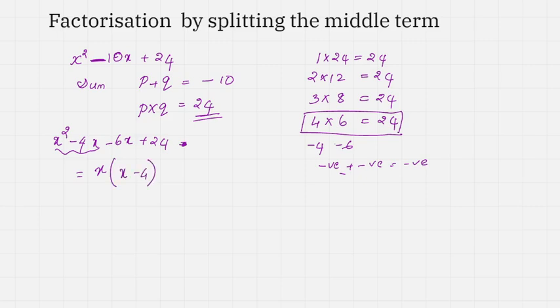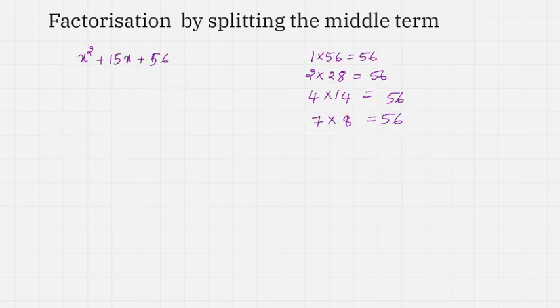In the third and fourth terms, I'll take minus 6 as the common factor. So we'll have x minus 4 inside the bracket. So again I'll take x minus 4 as common factor, and I'll get x minus 4 into x minus 6 as the factor. So when the middle term is negative and the product of the numbers is positive, your factors will be negative. So x minus 4 into x minus 6.